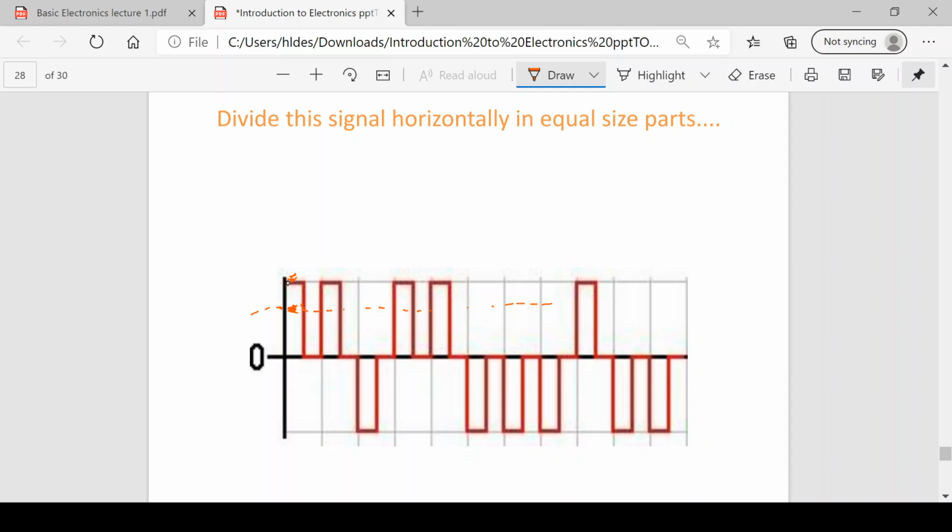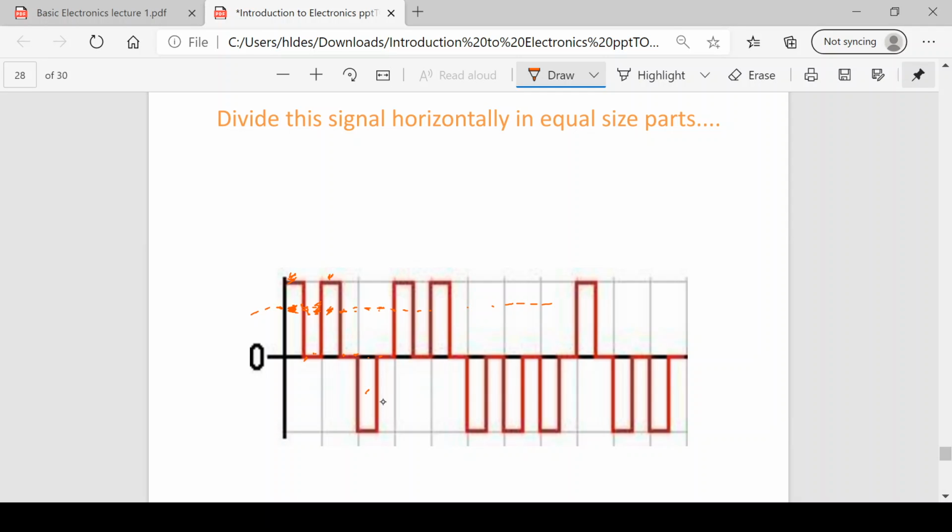Signal value is high. When the line enters into this area, what is the signal value? 0, or you can say low. When the same line enters into this area, what is the signal level? High. When the line enters into this period, what is the signal level? 0, up to this. Here it is negative.